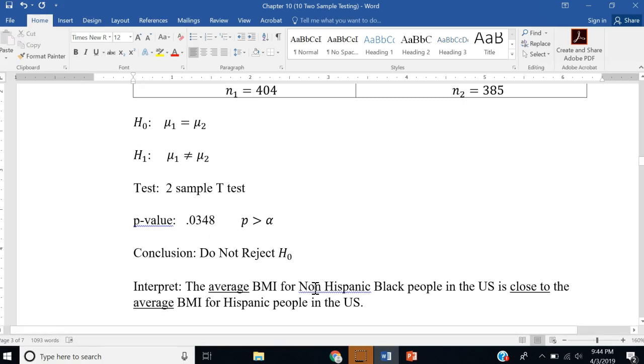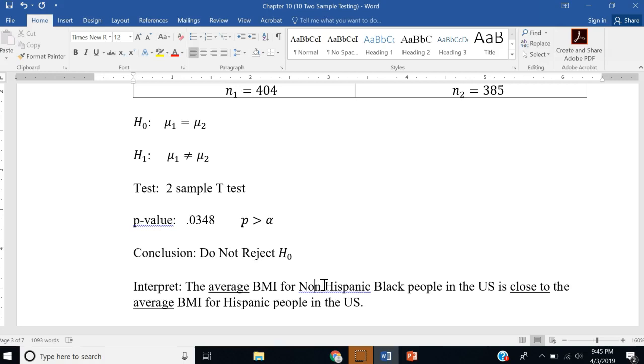Okay? Again, you might ask yourself, well, why are we talking about BMI of different groups, different races of people? Again, this is just something we found, so we figured might as well look at it. And again, this is not anti non-Hispanic Black people or pro non-Hispanic Black people. It's just a statement of fact, as statistical facts.